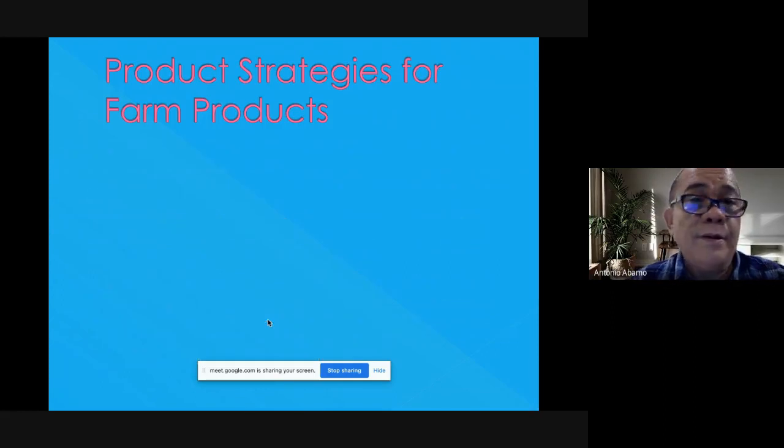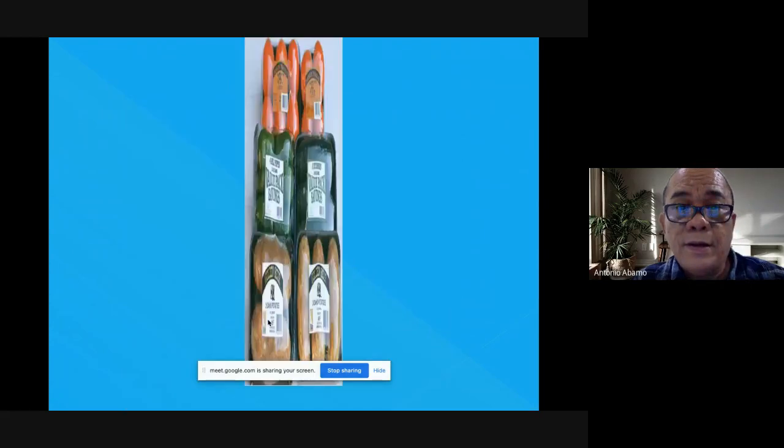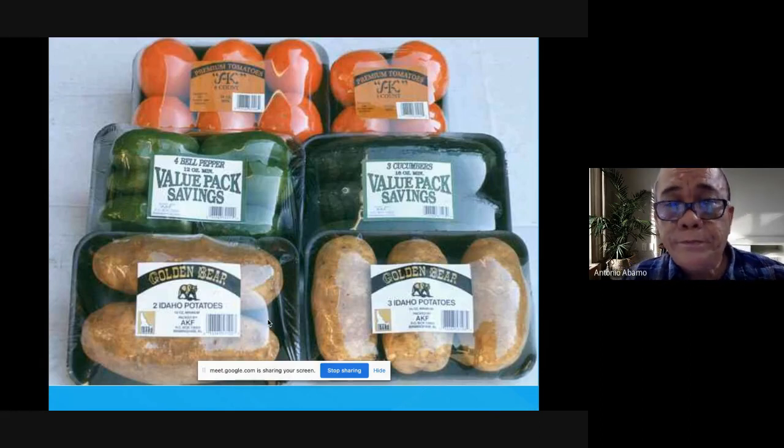Just like, for example, this one, product strategies for farm products. You see, even the appearance looks very edible already. If you see this kind of product with all labels and packed very nicely in, say, styrofoam boxes with cling wrap, it can add value already.